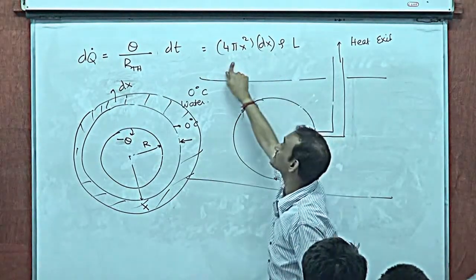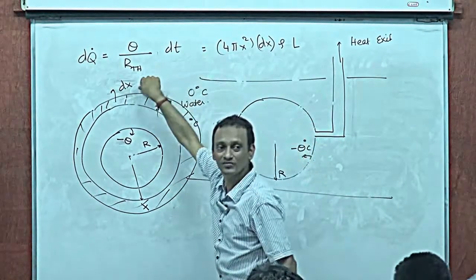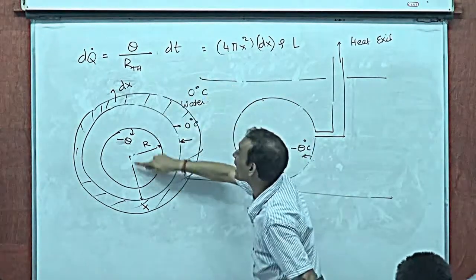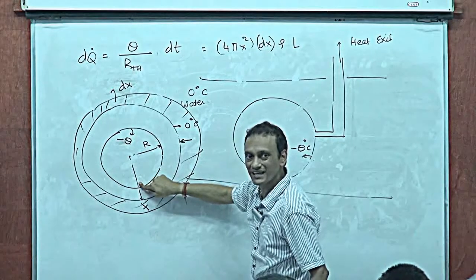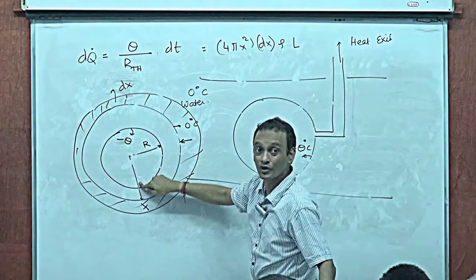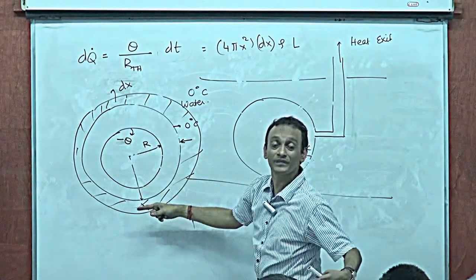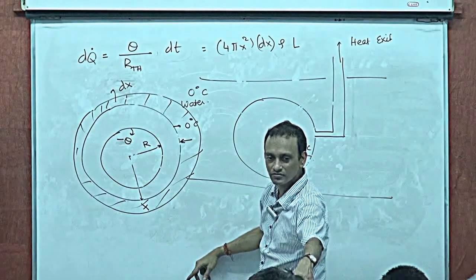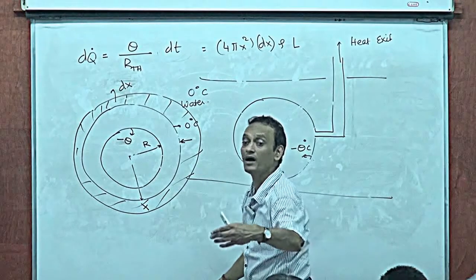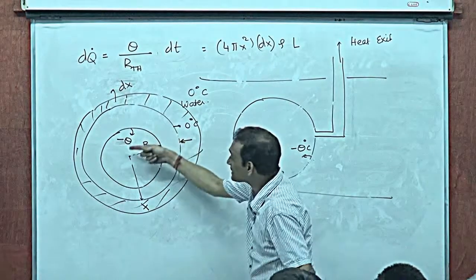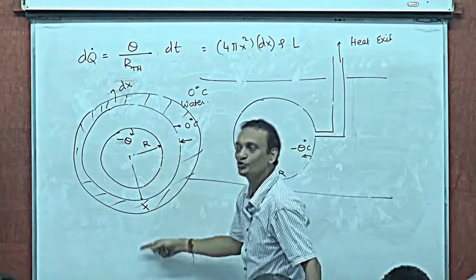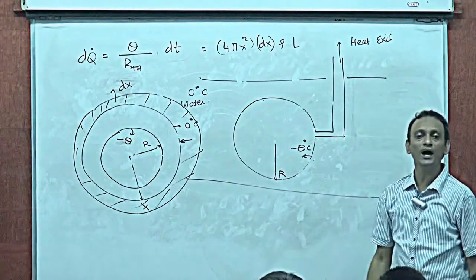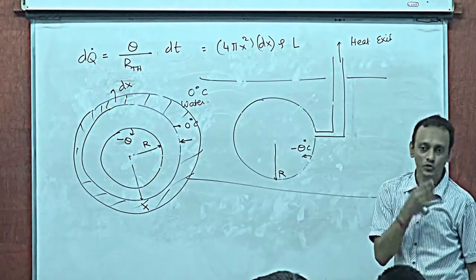When X is 0, time is 0. No, I'm sorry, when X is R. Initially X was R, time was 0. When X becomes 2R, the thickness becomes R. The problem asks you the time it takes for the thickness to become R. That means X runs from R to 2R, from time t equal to 0 to time t equal to t.